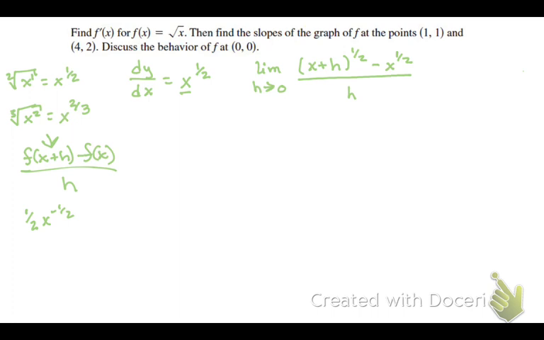So my problem in here is I have that quantity to the 1/2, yes? And I can't distribute a 1/2, because I really have the square root of x plus h. I can't do anything with that, can I? So I do need to multiply by its conjugate. So I'd have x plus h to the 1/2 plus x to the 1/2. And I do that on the bottom and the top.